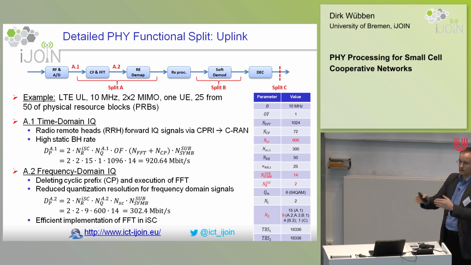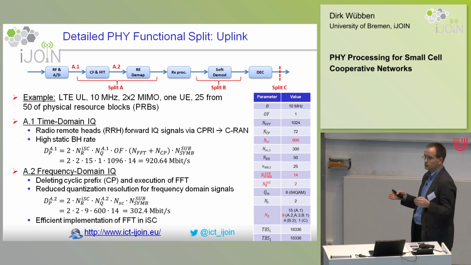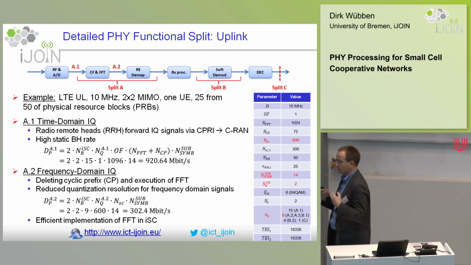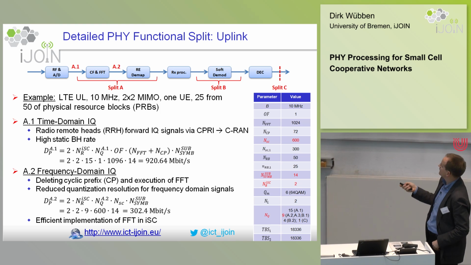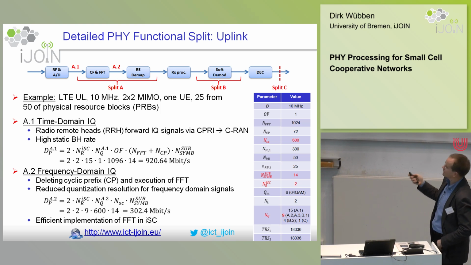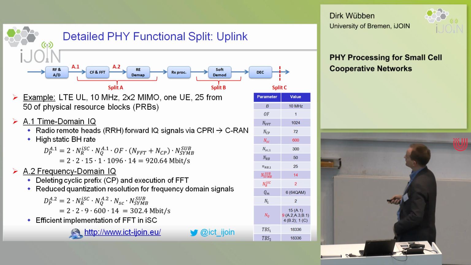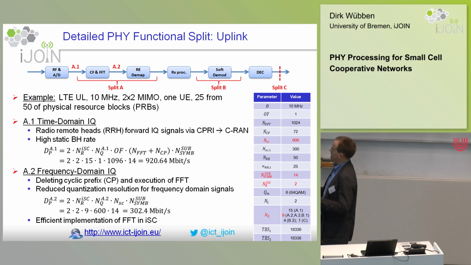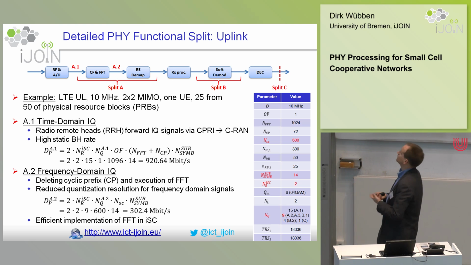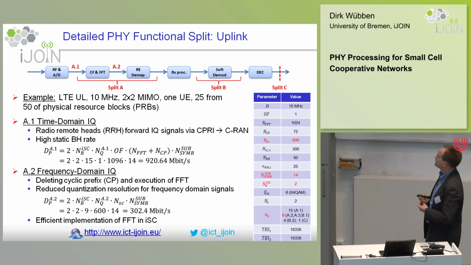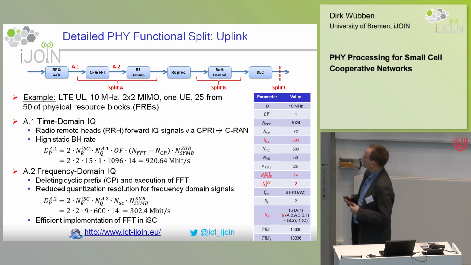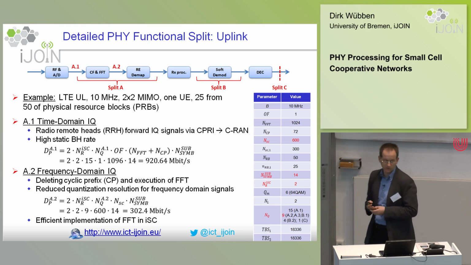And we are throwing away all these signals which are not really serving as payload, so the cyclic prefix and all that stuff. So basically here only the numbers of allocated subcarriers, which is here just 600, is transmitted, and all these signals have to be forwarded then from the ISCs to the Ranas, leading to a reduction by a factor of roughly 3 compared to the time domain IQ forwarding.